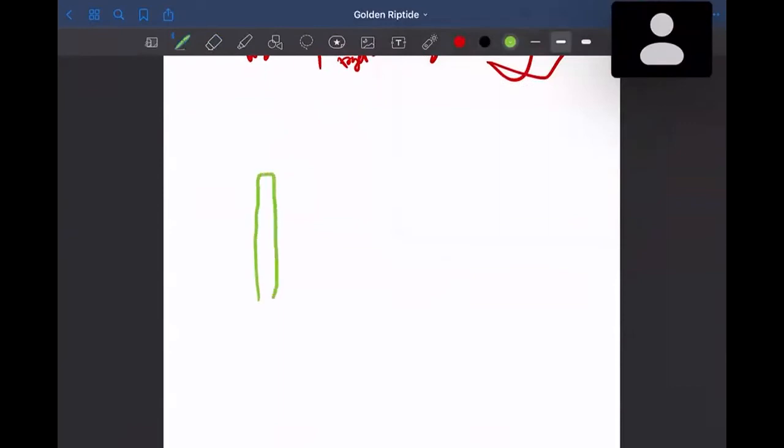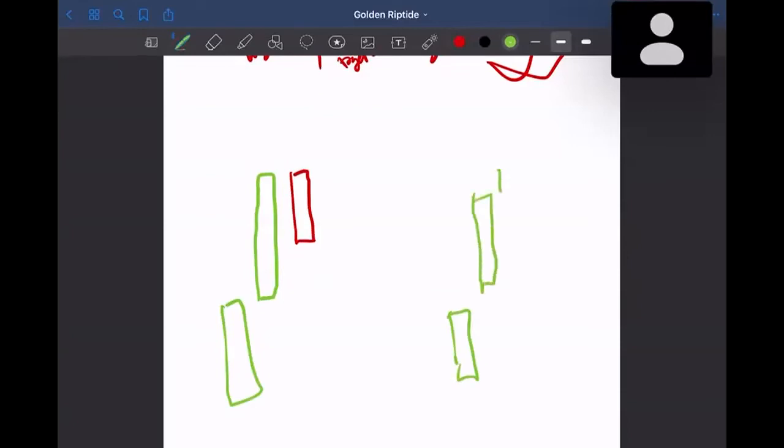For example, this is the green candle going up, and then this one like this. Same scenario. Okay, engulfing. This one is not engulfing.